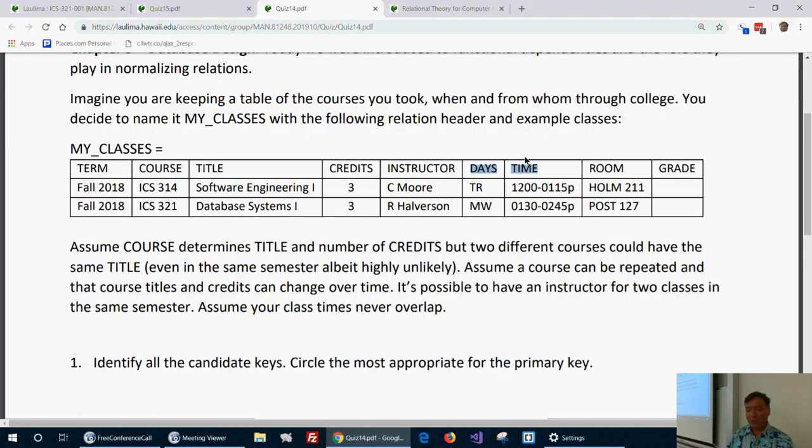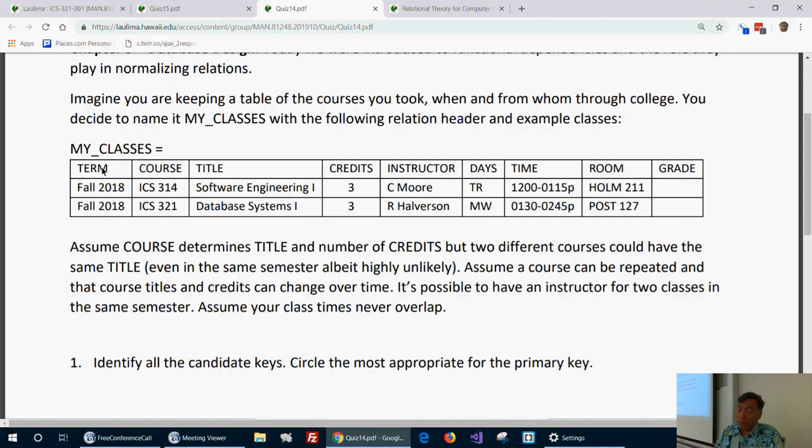Okay, so Tuesday, Thursday, 12 to 1:15, you can only be taking one class in your schedule, and so that can uniquely identify a record.